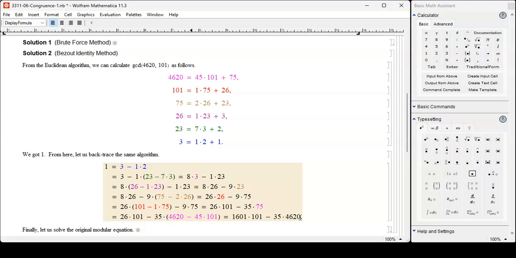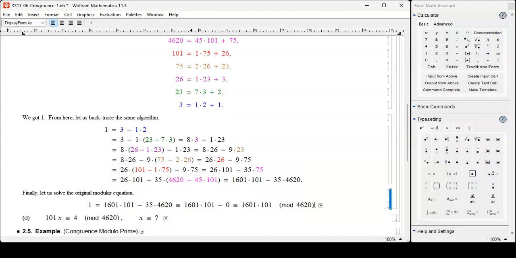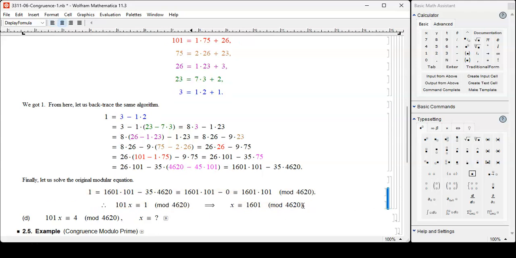And then here, this is congruent to 0 modulo 4620. So what do you get? 1601 times 101 is 1, so we get the multiplicative inverse, 1601. So 101 times x is 1, that means x is the multiplicative inverse of 101, 1601.